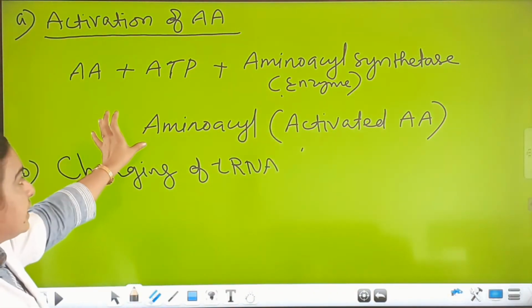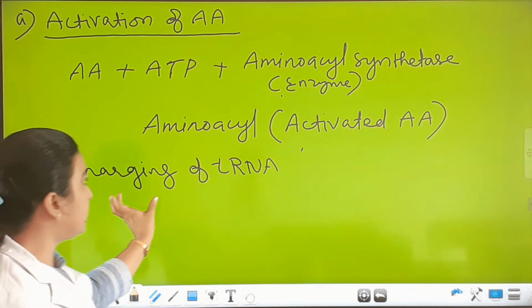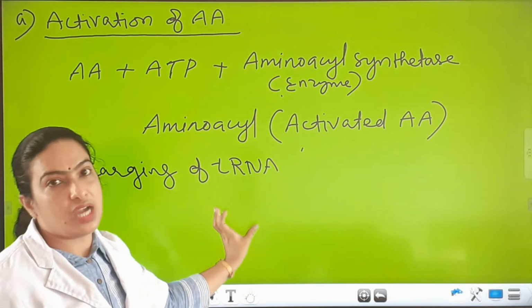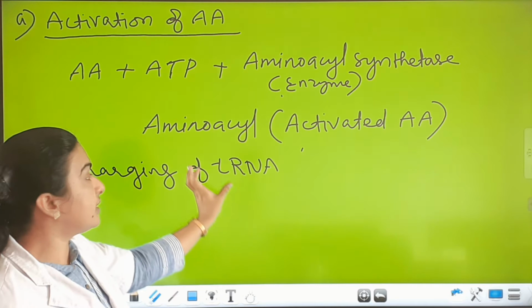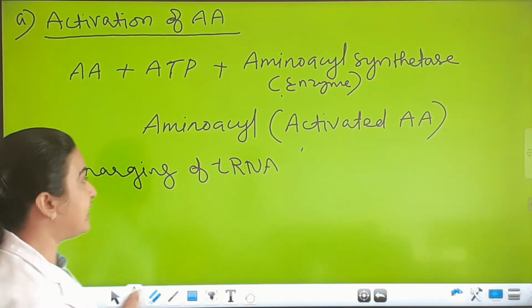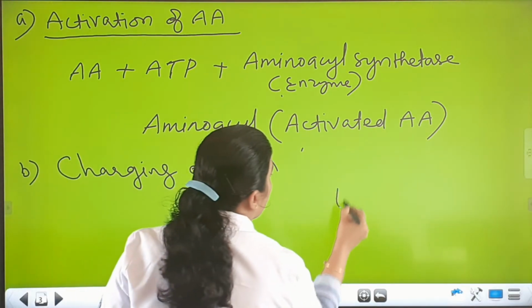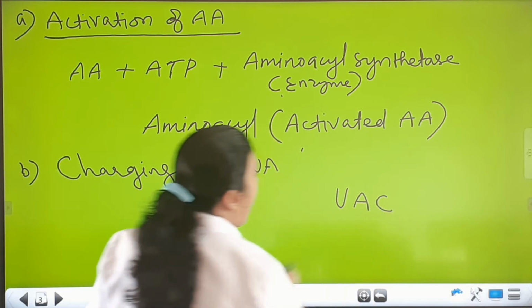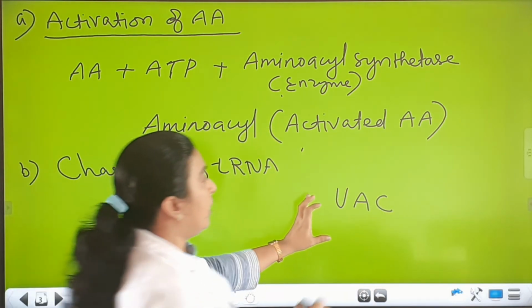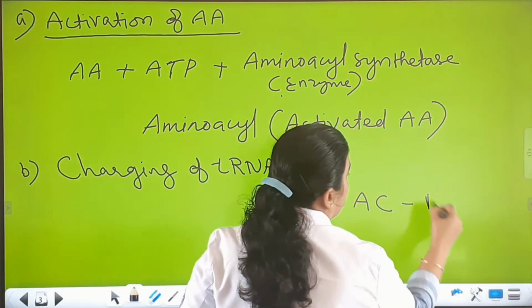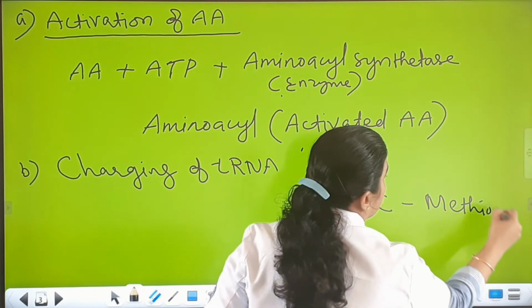So the activated amino acid binds with the particular tRNA molecule which has a particular anticodon. For example, the tRNA with the UAC anticodon binds with methionine.